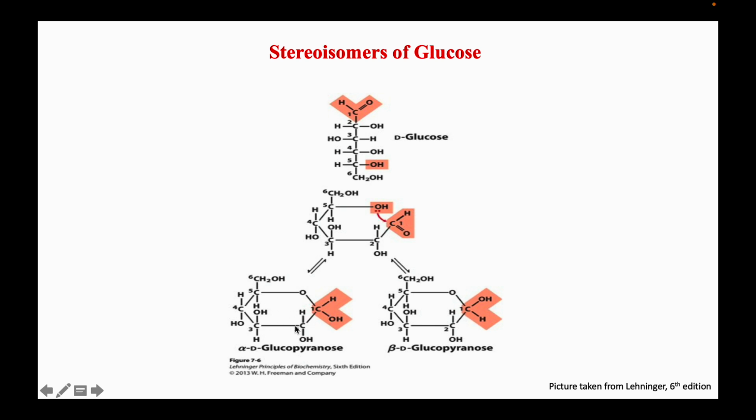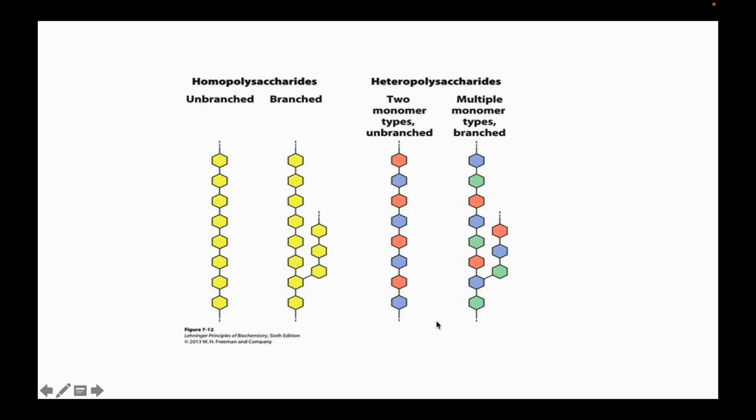In unbranched polymers, the units are joined through 1,4 linkages. So here one unit will form a bond with the fourth carbon. So the branching always occurs at 1,6, and the straight chain formation of unbranched units occurs at 1,4.